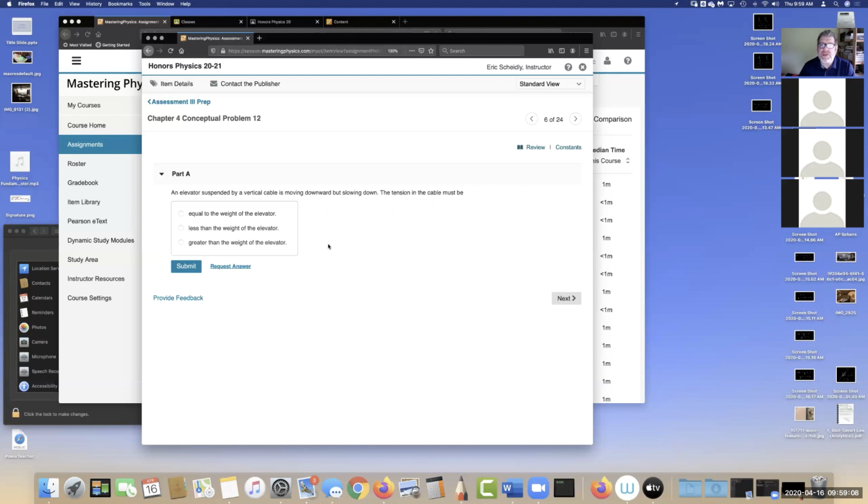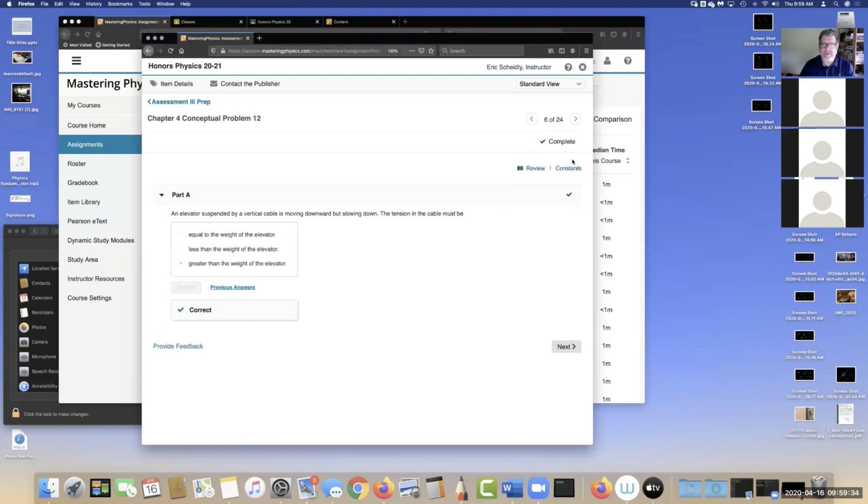In order to slow down, the tension force upward has to be greater than the weight of the elevator, so that the net force is upward and the acceleration decreases the velocity of the elevator. In order to stop the elevator, you have to pull harder upward on the elevator than the weight force pulls downward. So that's correct.